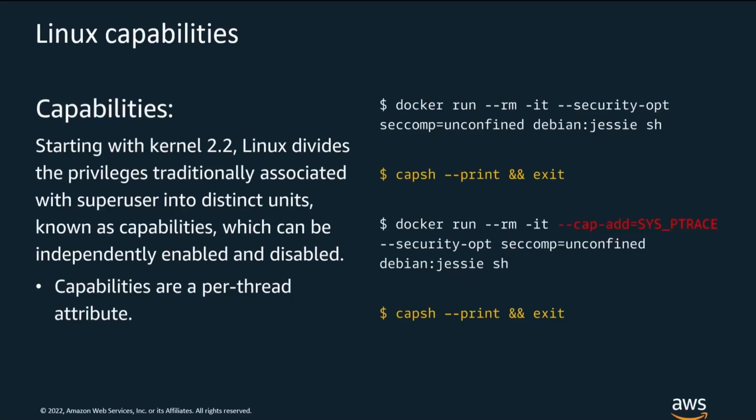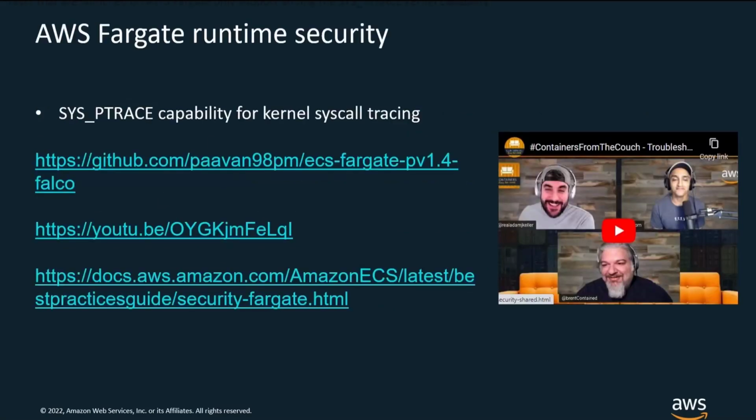And the tasks that are launched on AWS Fargate only support adding the SYS_PTRACE kernel capability. So if you want to specifically add a capability to Fargate, the only supported one right now is SYS_PTRACE, which is a capability for kernel syscall tracing.